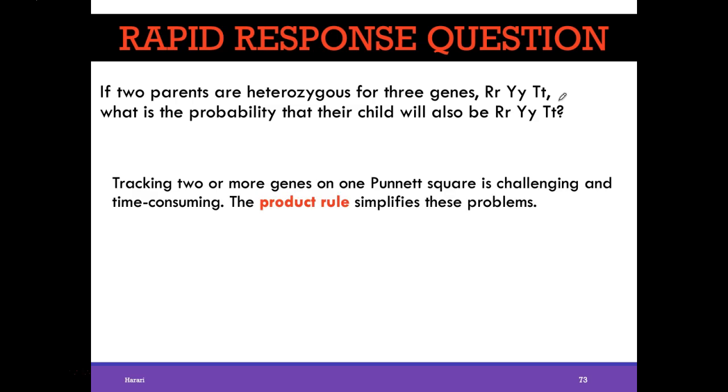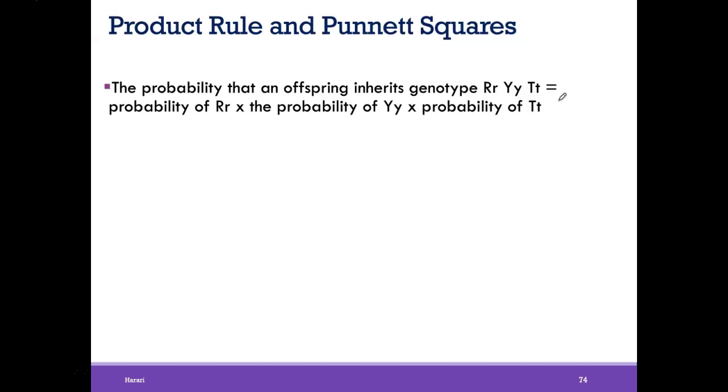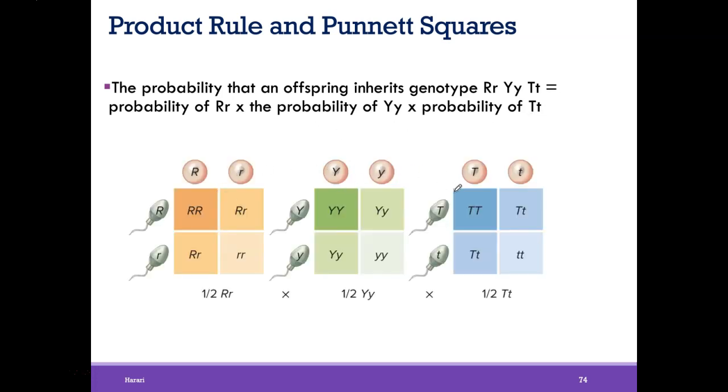Right, and hopefully you were able to use the product rule. And we can make 3 separate Punnett squares. So let's just do the monohybrid cross with R, big R, little r, big R, little r. And we're asking, what is the likelihood of getting an offspring that has this genotype? So what is the likelihood of getting big R, little r? Well, 50% chance.